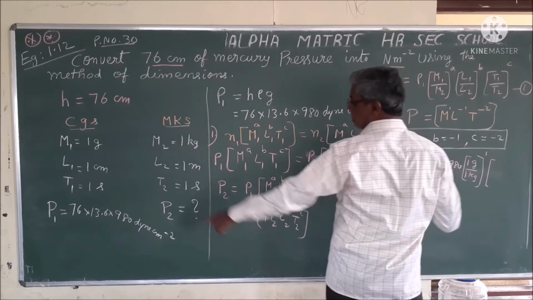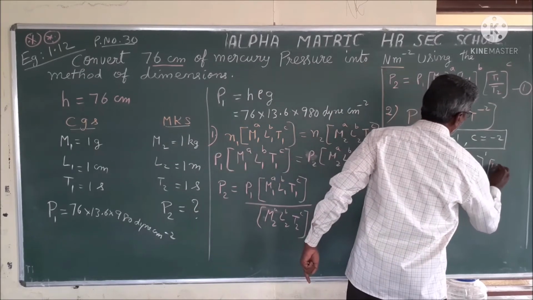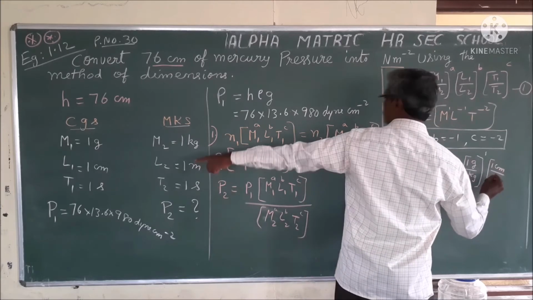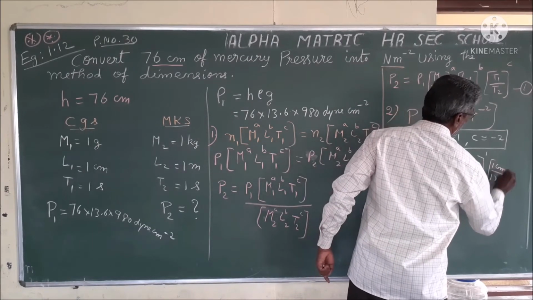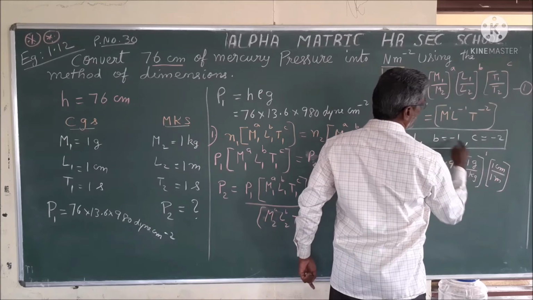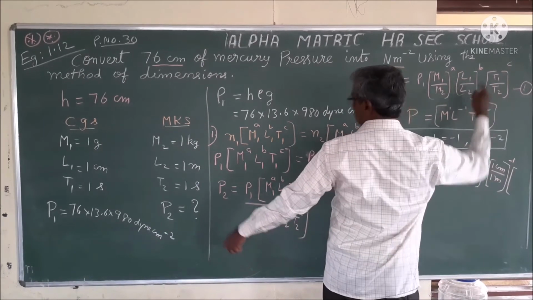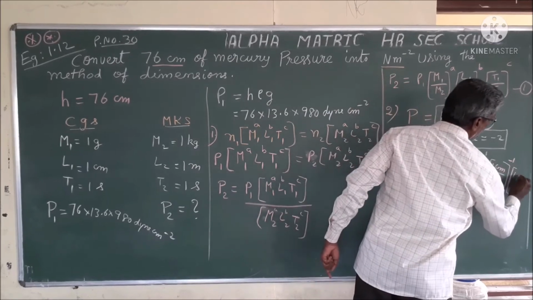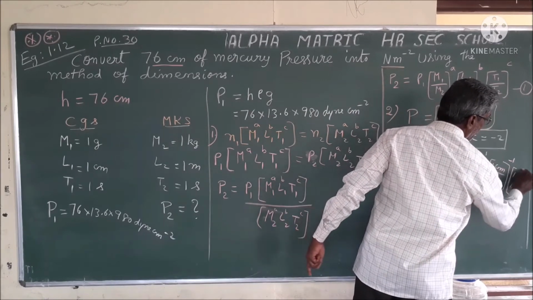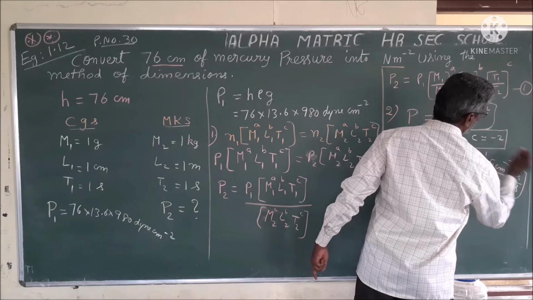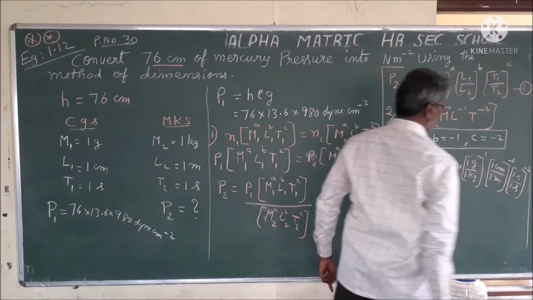Then L1 1 centimeter, L2 1 meter whole power B value -1. Then P1 once again, P2 once again whole power C value is -2.